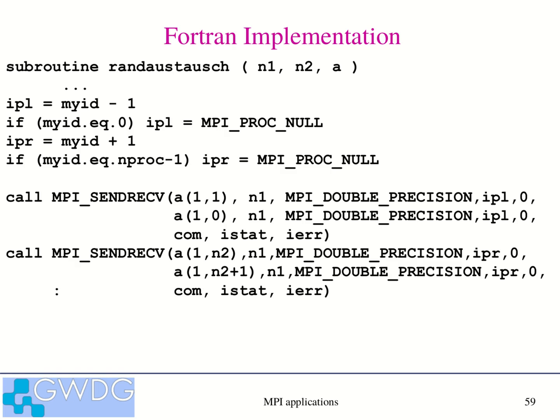And I receive from my left neighbor just the boundary which is stored in my array at column 0. And to the right, I have the same. I send the column number n2 with n1 elements, and I receive from the right neighbor values which I store in the boundary column.